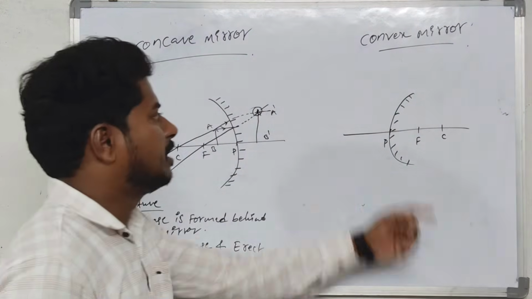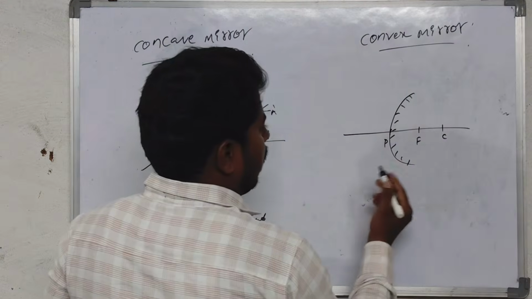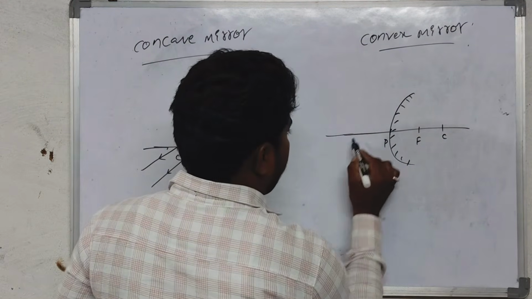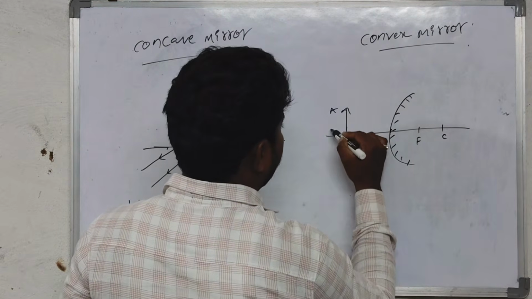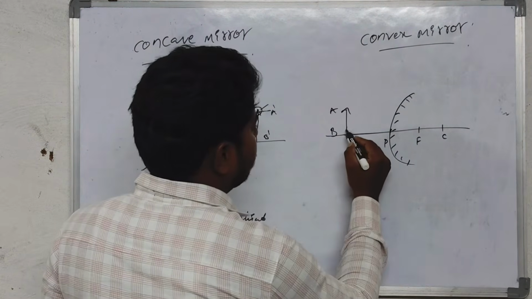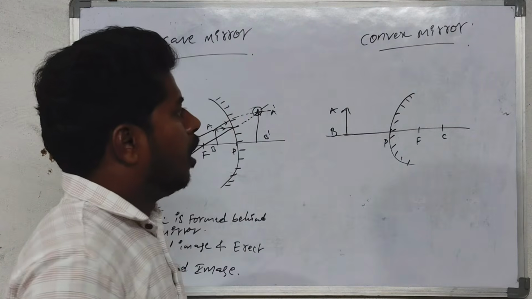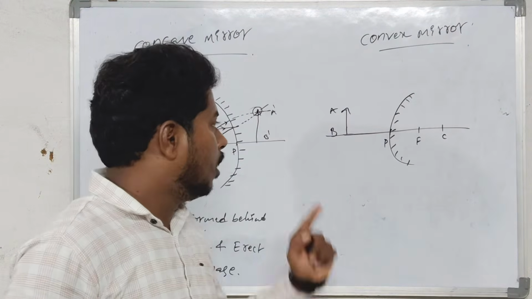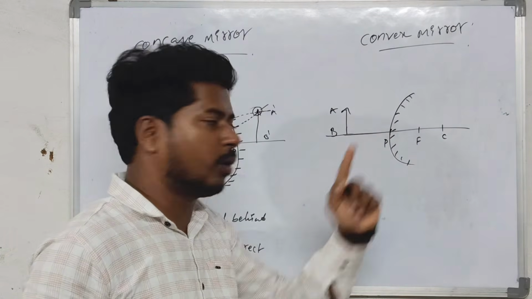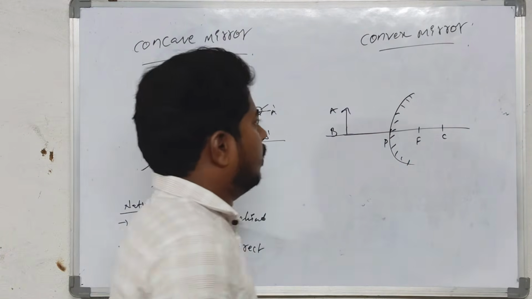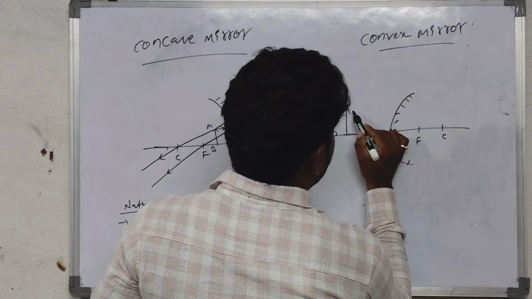Let us see for the convex mirror. Let the object be placed anywhere in front of the convex mirror. Always your image is formed behind the mirror in between pole and focus. Shall we use the first rule?